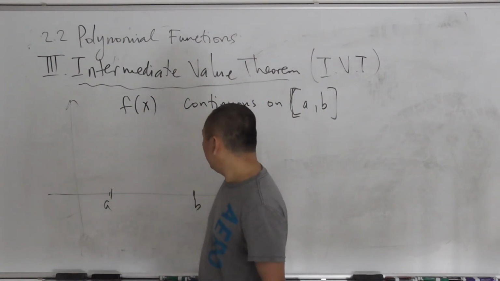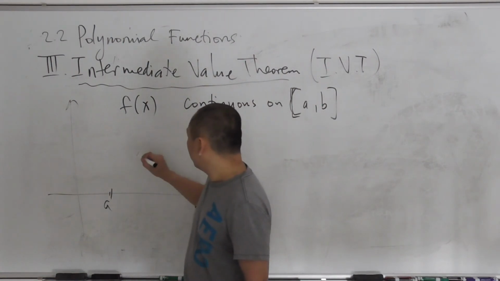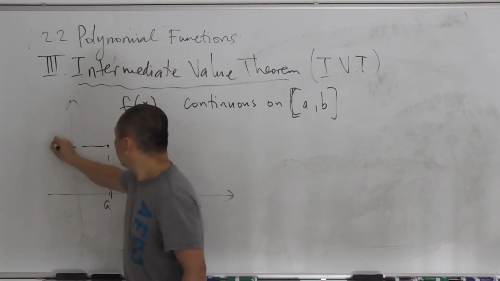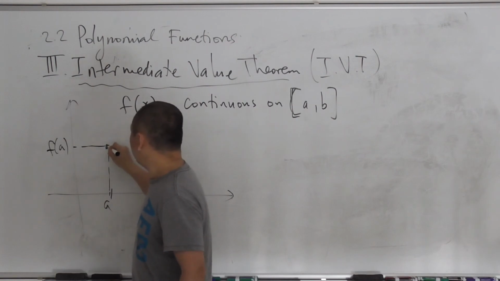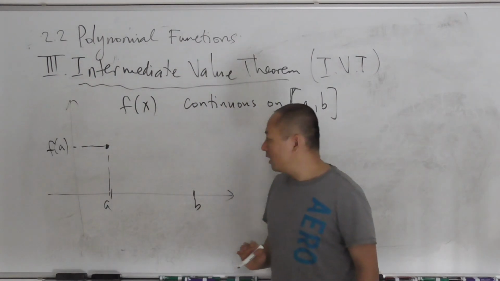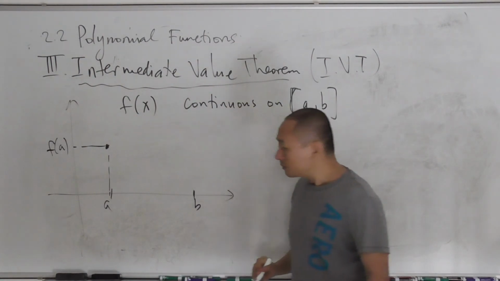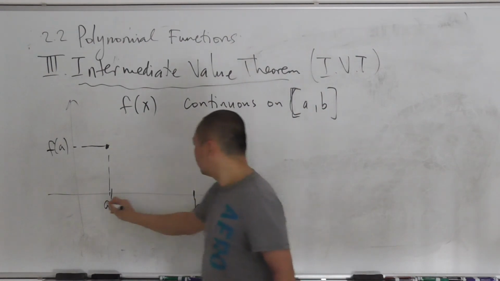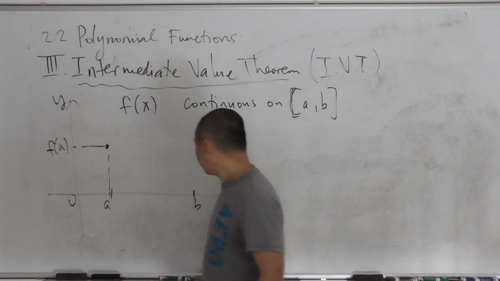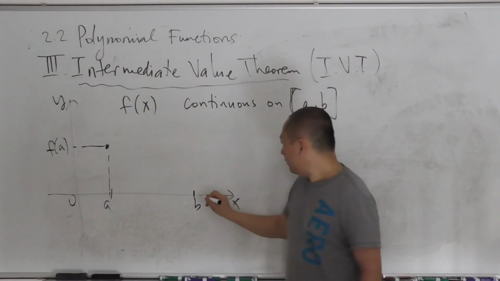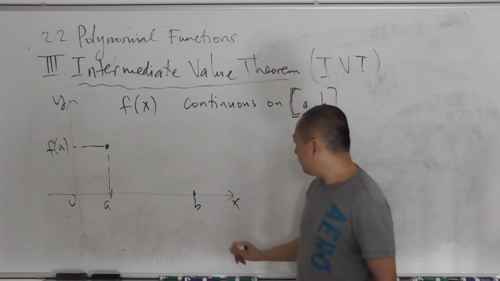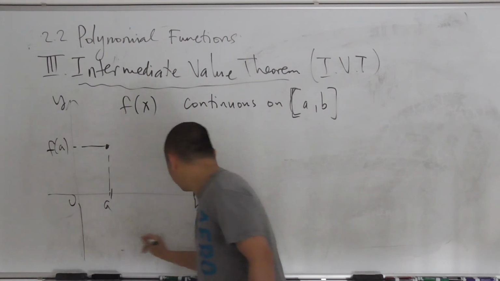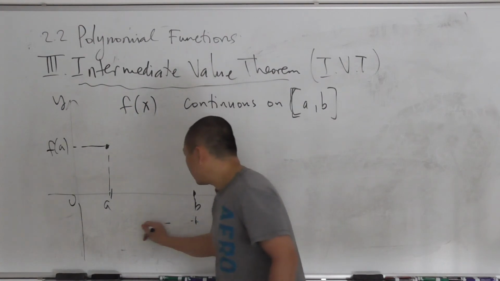Okay, and the second condition is this. Say if you plug in a into f of x, you got f of a right here. This is the point. And that point is above the x-axis. And then if you plug in the point x equal to b, you have another point. And if the second point is below the x-axis, this is f of b.